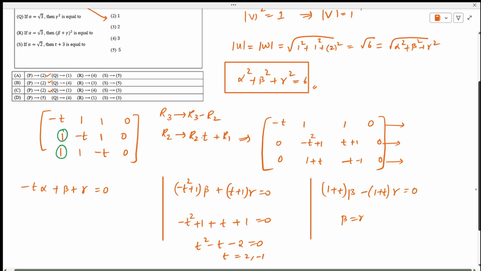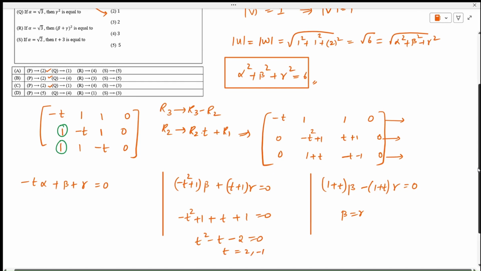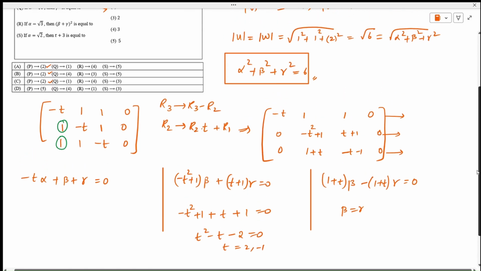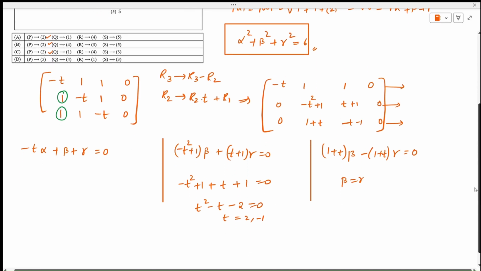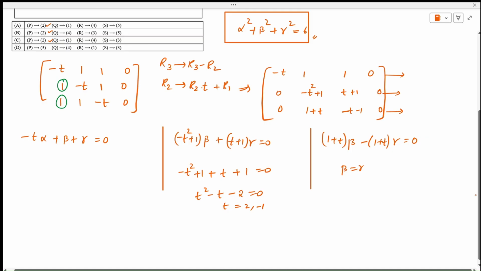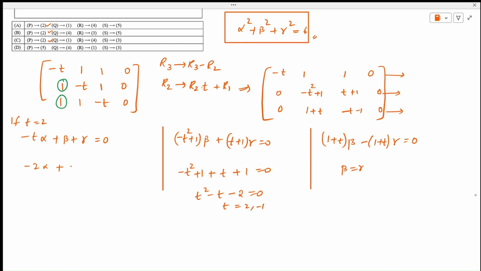Okay. Now, there are two situations here. The first one is if beta equal to gamma, that means if t is equal to 2. If t is equal to 2, then this becomes minus 2 alpha plus beta plus gamma is equal to 0. So from that, alpha is equal to beta.